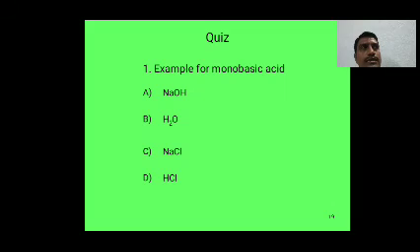Sodium hydroxide does not produce H plus ions.